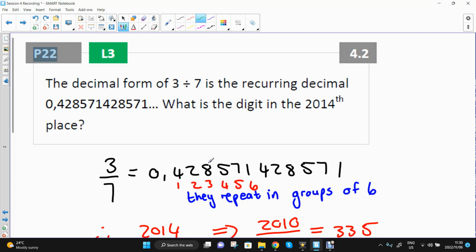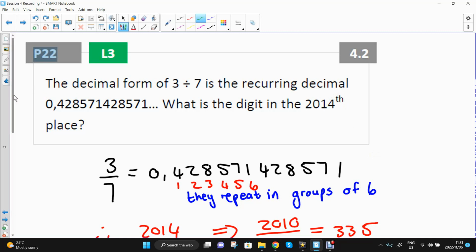You can see the 428571. Those 6 numbers are repeated every single time. So it's a group of 6 that is repeated into infinity. Now what we need to figure out is how many full groups of 6 I have in 2014 terms.